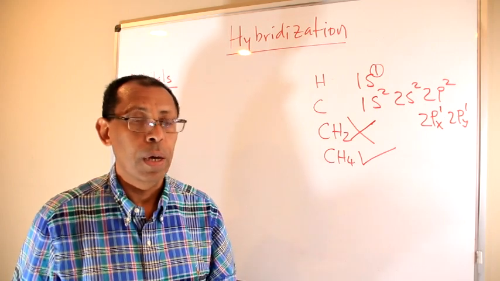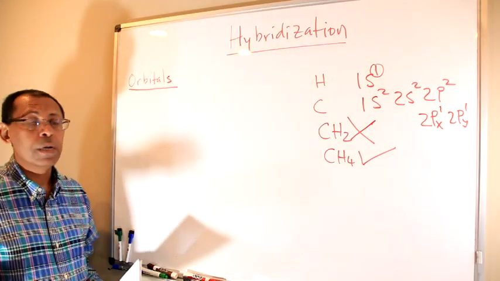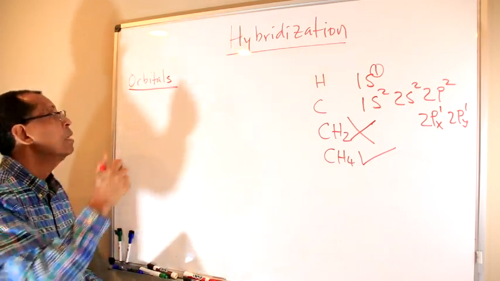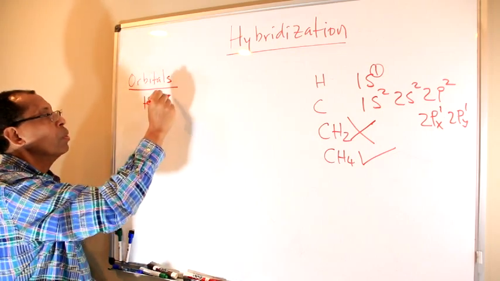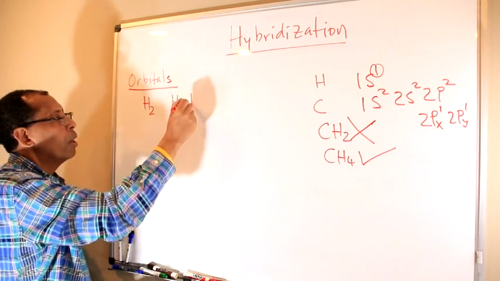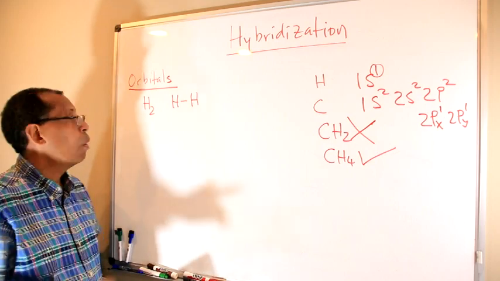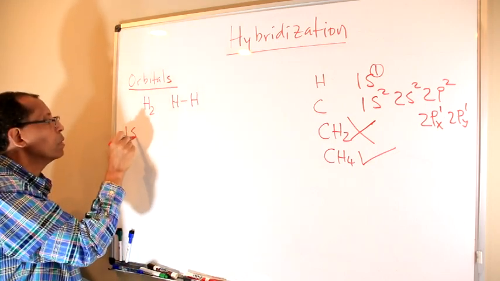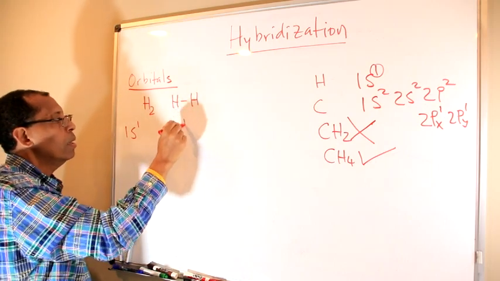So let's review now. When we say orbitals, these are the lobes that contain the electrons to make the bond. For example, if you have hydrogen gas, which is a linear molecule, a non-polar covalent bond between the two is made from 1 electron of 1s1 and another 1s1.